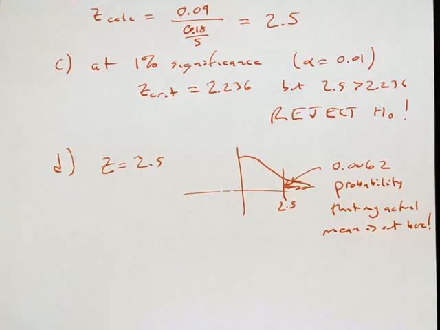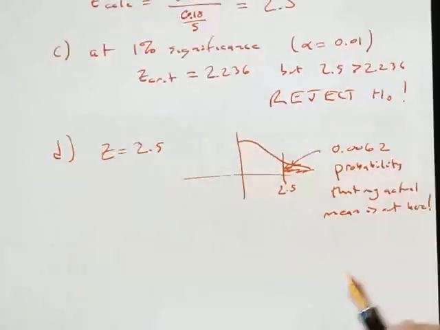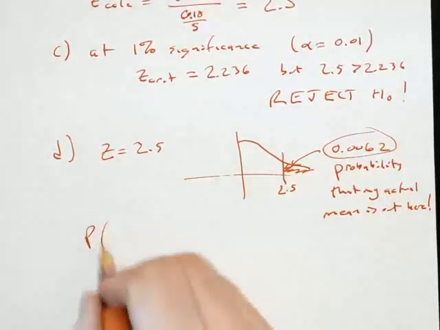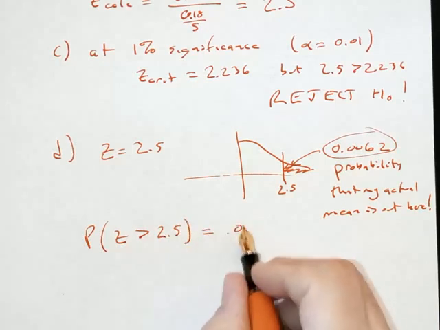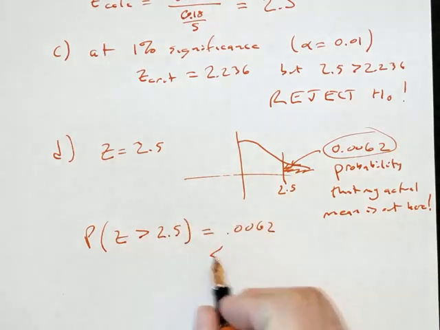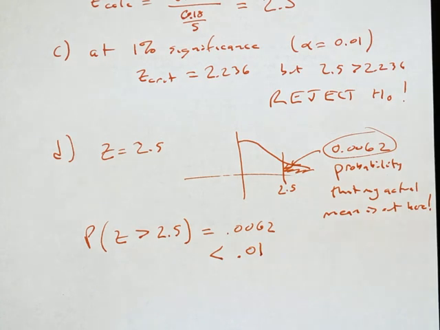Now, I said I would be okay with a 1% level of significance, right? The decimal for 1% is 0.01. Notice this number, the chance of Z being bigger than 2.5 is smaller than 0.01. You told me how significant we were trying to be, and this is too small.